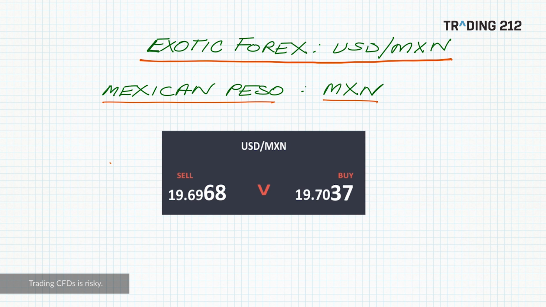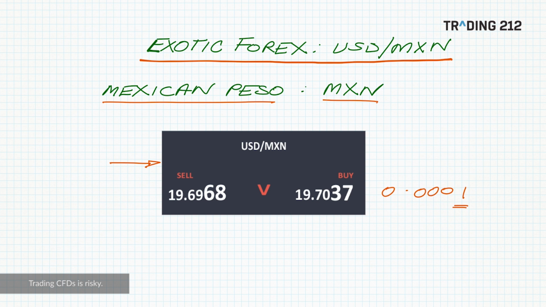As you can see from this sample quote here, the exchange rate is quite different to the ones we've looked at so far in terms of the size of the number of how many there are of the quote currency to the base currency. But 1 pip here is the 4th decimal place, which is actually the same as many currency pairs that we've looked at.